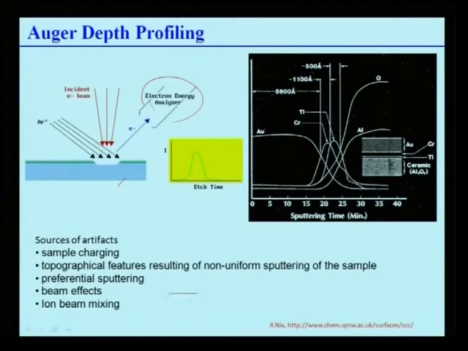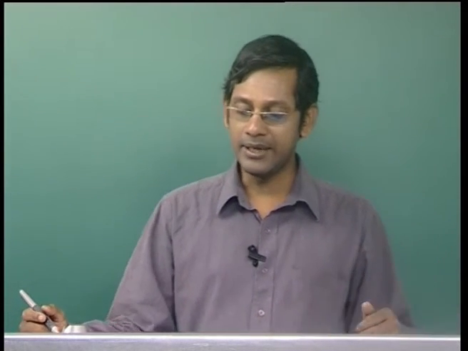That means if I have a sample initially, like this one taken from this website, I take information at the beginning from this area and get the Auger spectra. Then, using argon ions, I remove a very small thickness, of the order of 10 to 20 angstroms, and again collect the Auger spectra. That is how I keep on doing it. So slowly I increase the depth of sputtering and collect the Auger spectra. And if you do that, then one can do the profiling.